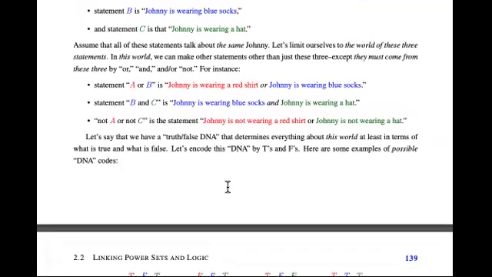We could play with them a little bit. Every statement that we could make based off of A, B, or C depends on the truth or falsity of A, of B, and of C.